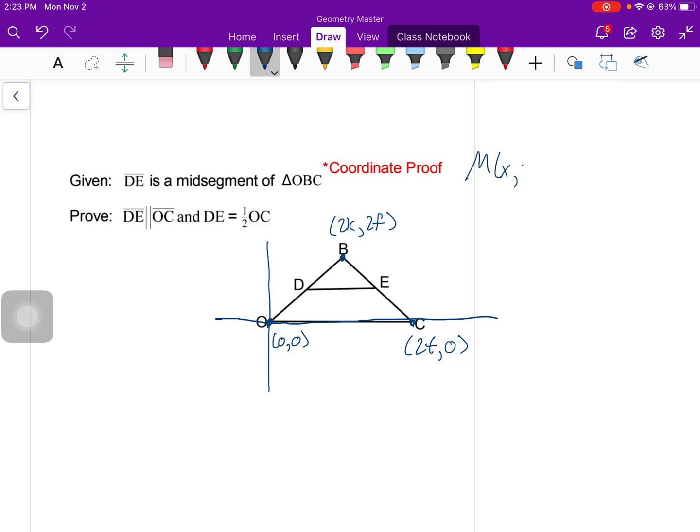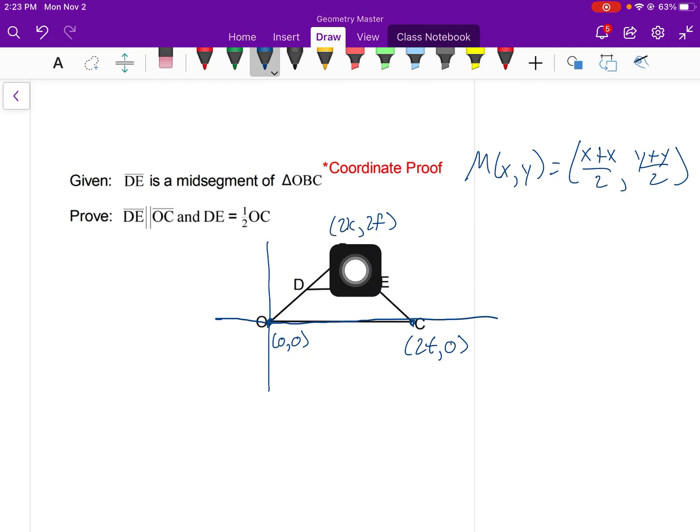Remember, our midpoint (x, y) is going to be (x plus x) over 2, and (y plus y) over 2. That divide by 2 is the reason why I had these 2 values here. Because by doing so, I'm able to figure out what D and E are. So halfway between 0 and 2k is k. Halfway between 0 and 2f is f.